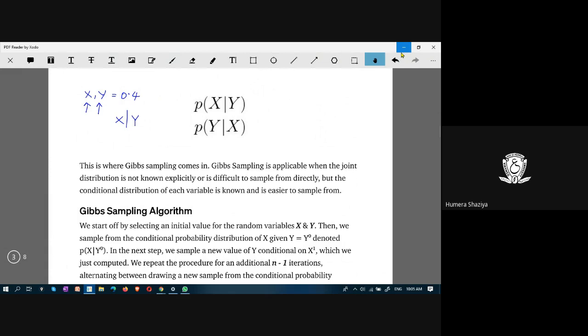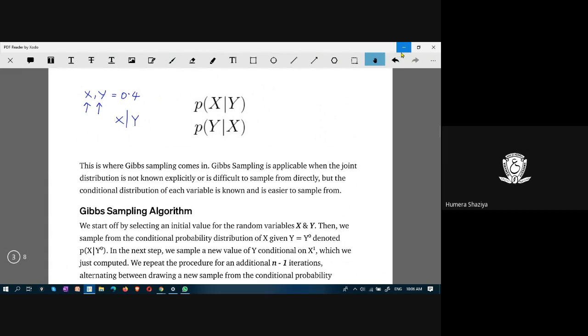This is a condition. Therefore, you can use Gibbs sampling when the joint distribution is not known explicitly or is difficult to sample directly.